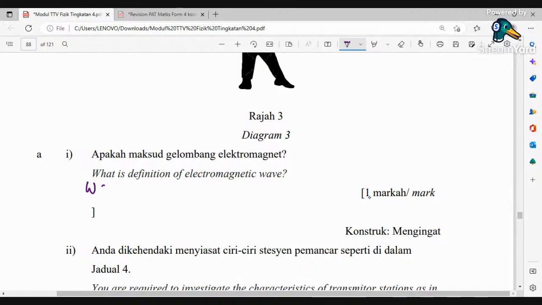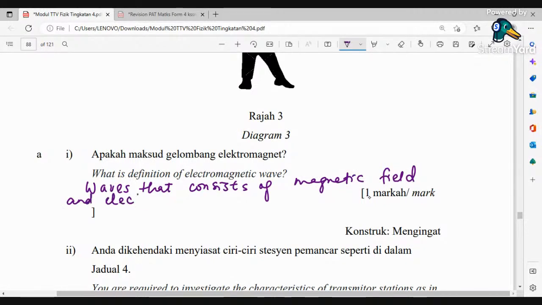Wave that consists of magnetic field and electric field that vibrates perpendicular to each other.